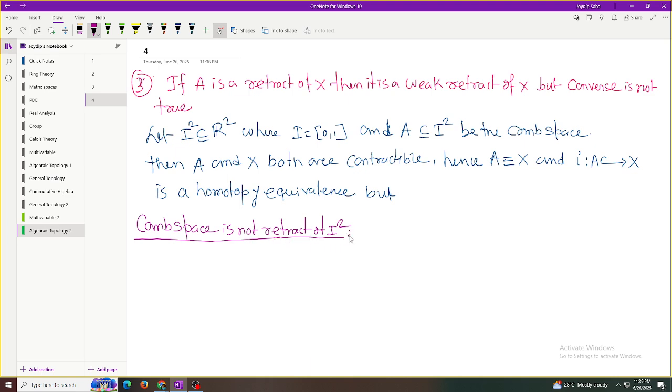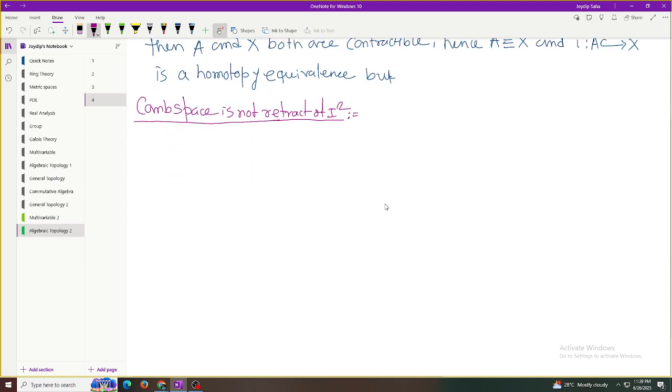Are we going to use the logic that it is not locally path connected? Yes. Then this statement will be proved that way. I will leave it as homework, then we will fill it up.